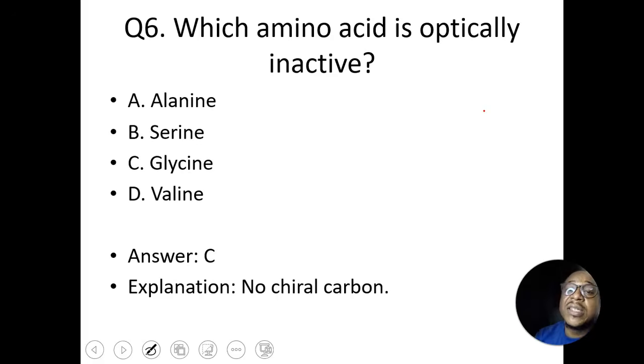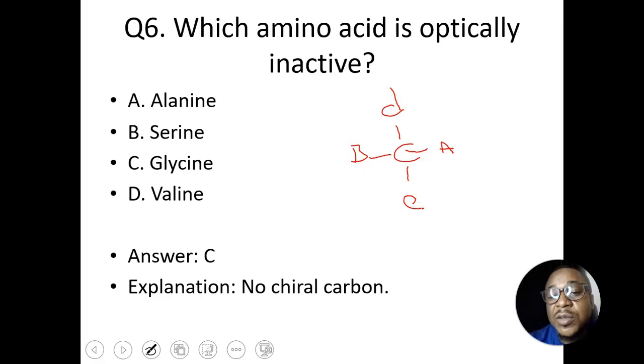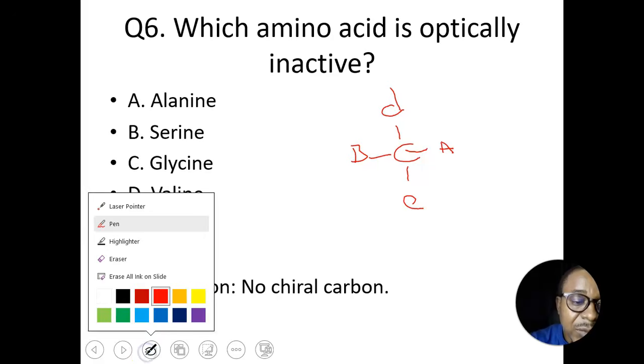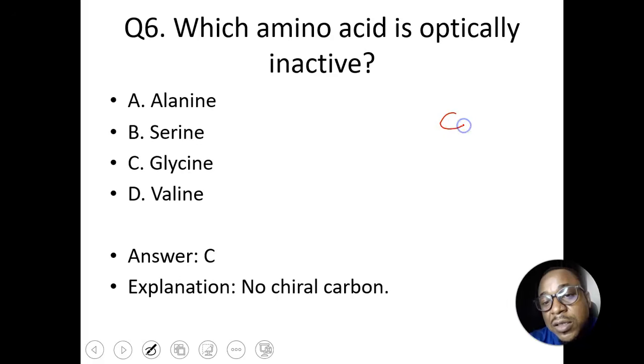We have: which amino acid is optically inactive? Optical activity is defined by a carbon having 4 different functional groups attached to it. Let's say this is carbon. It will have A attached here, B attached here, D attached here, and E attached here. So this carbon must have 4 different groups attached. For example, glycine has C double bond O to O minus, C to NH3 plus, hydrogen and hydrogen.